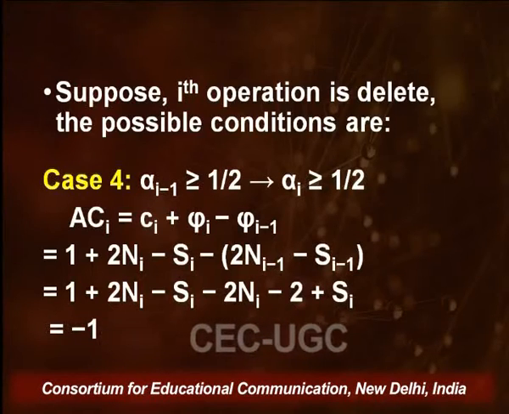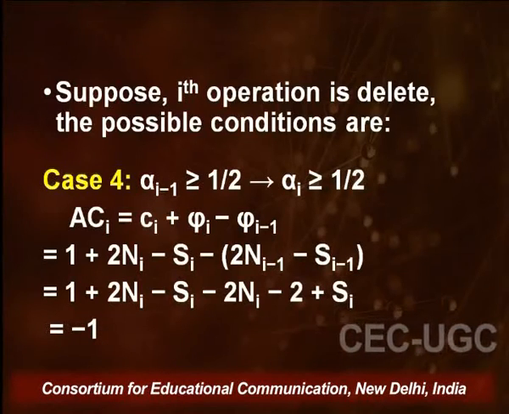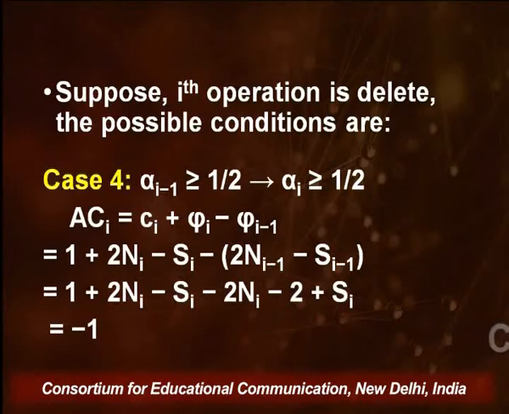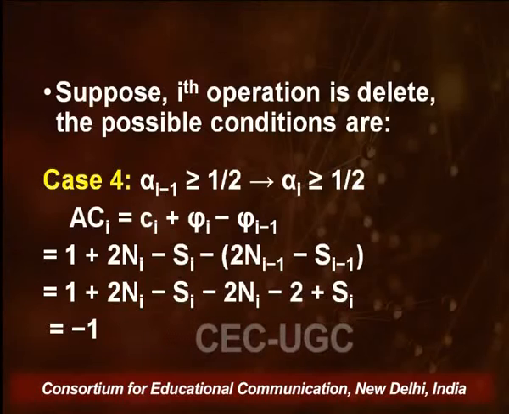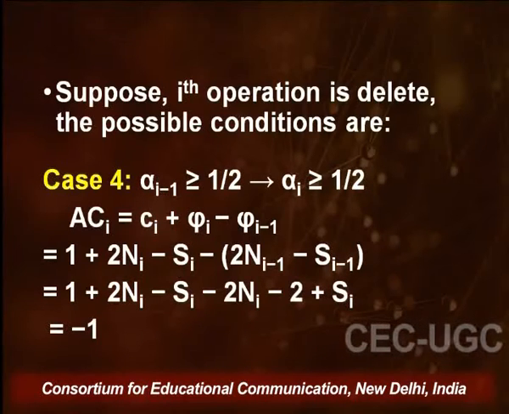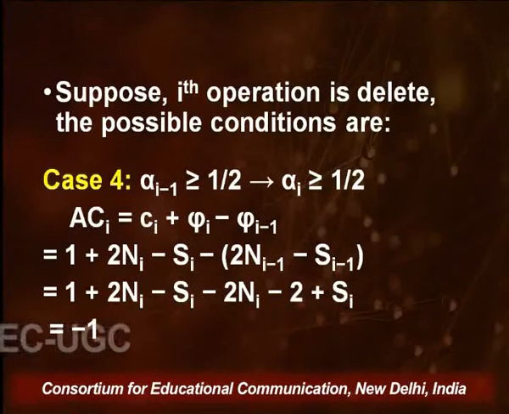Now, let us say the ith operation is deletion, and in deletion we will also see all those 3 cases: when the load factor was greater than 1 by 2, it remained greater than 1 by 2; when the load factor was less than 1 by 2, it remained less than 1 by 2; and when the load factor changes its category.